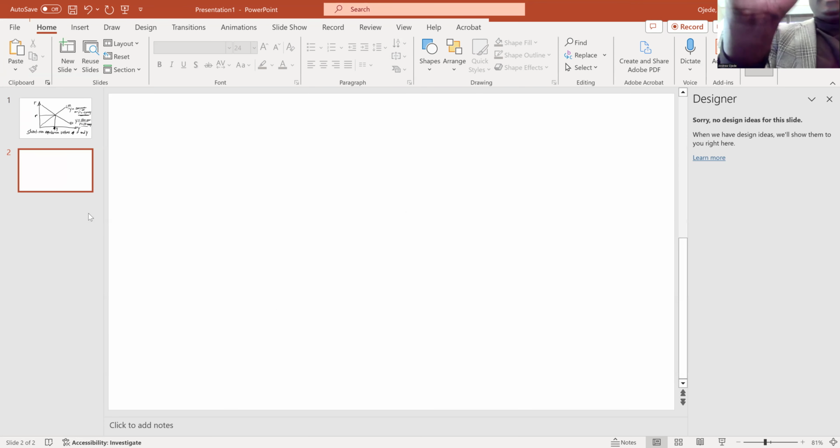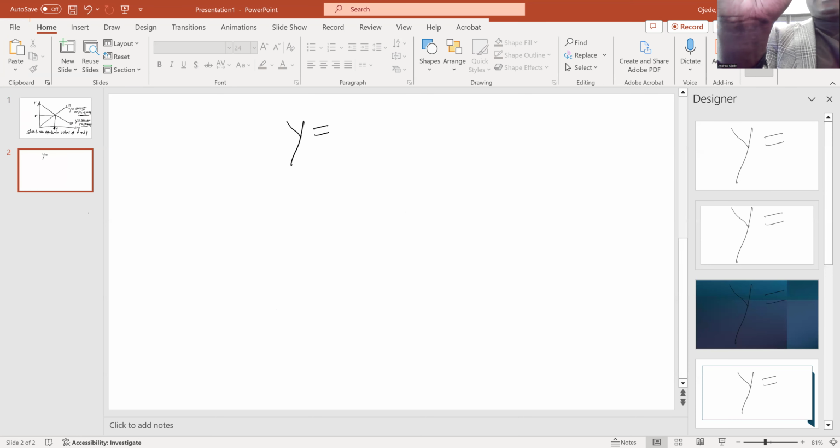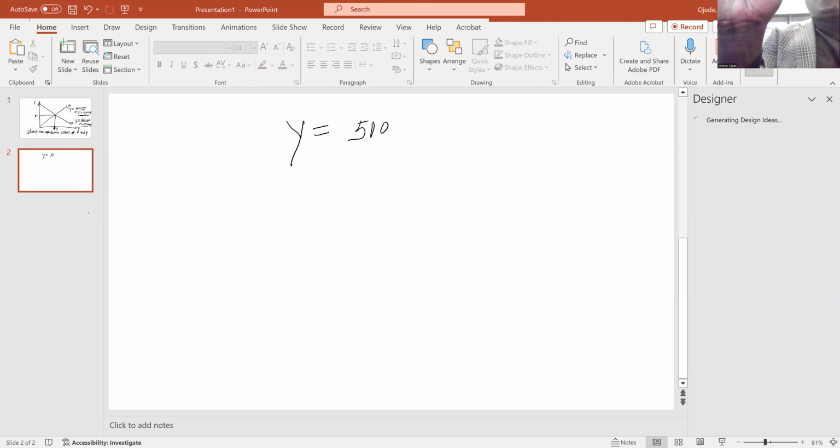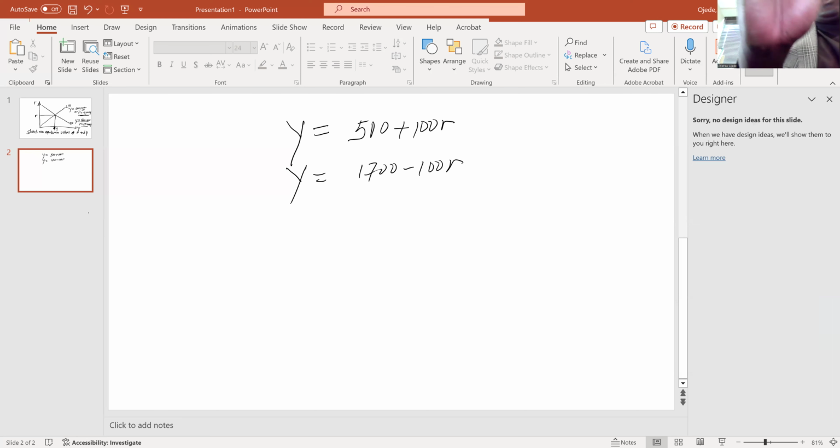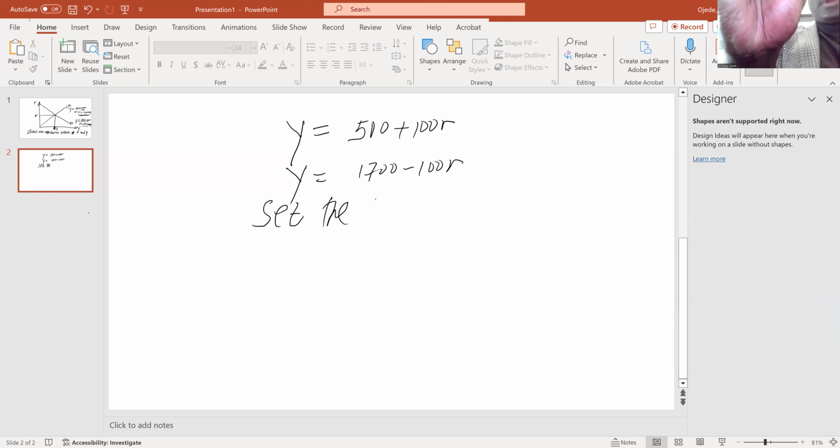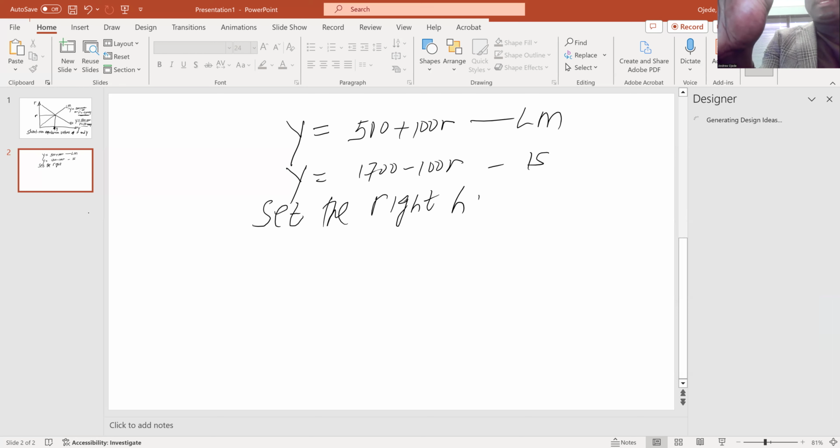Since Y equals 500 plus 100R from the LM curve, and Y equals 1700 minus 100R from the IS curve, all you have to do is set the right-hand sides equal, because this is your LM equation and this is your IS equation.